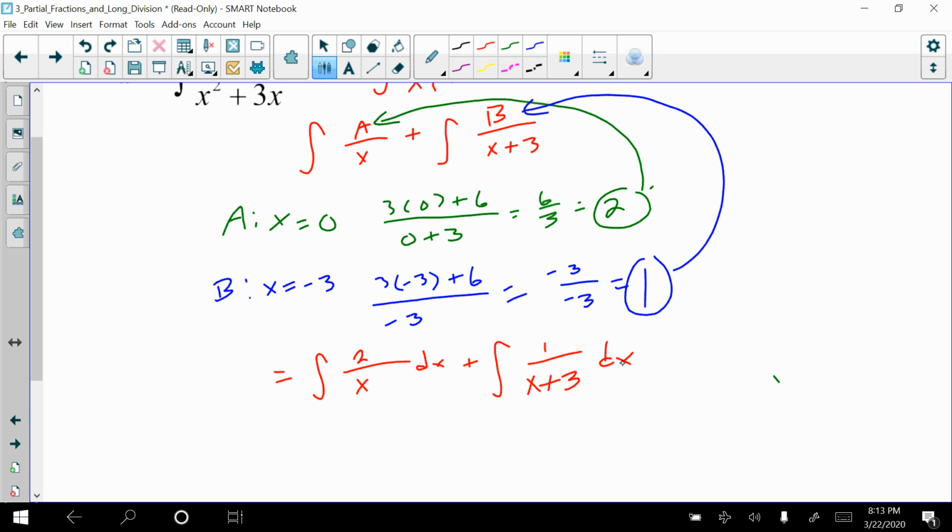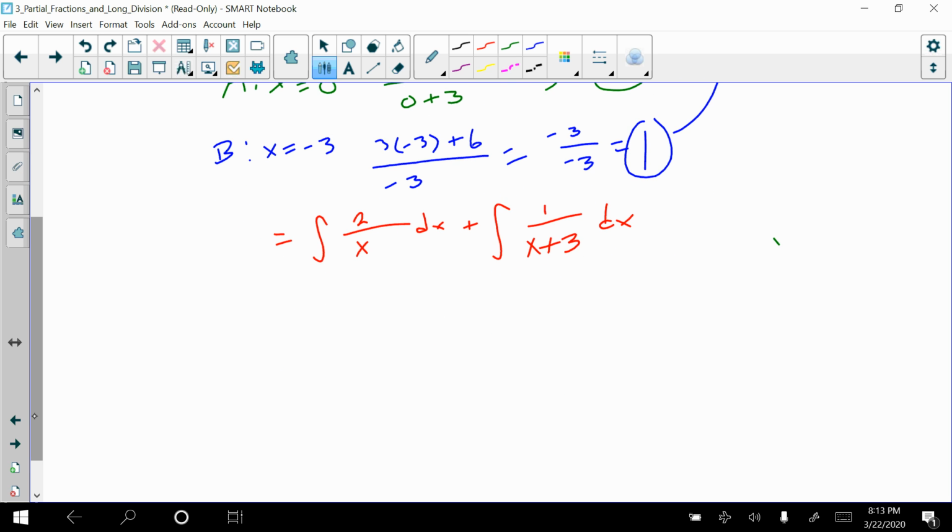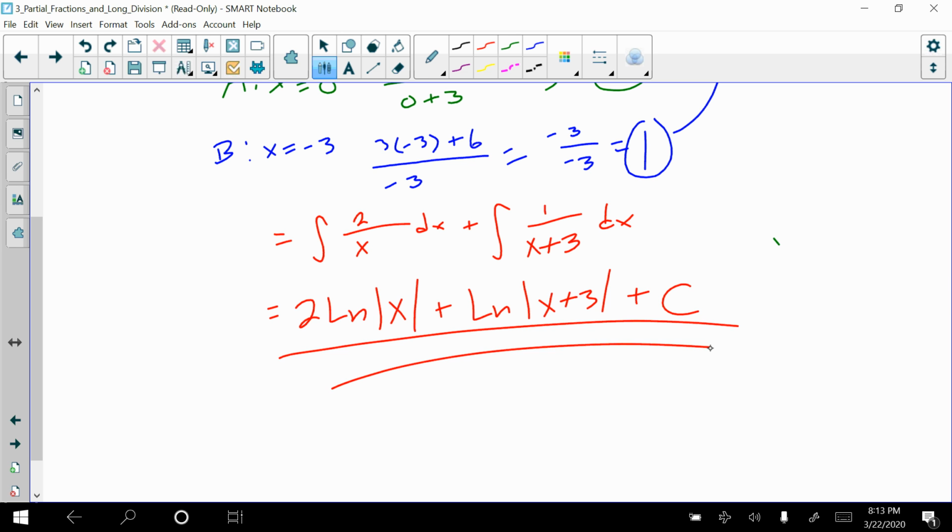So now we'll take the antiderivative of each ratio, which again is pretty straightforward at this point. Here we'll get 2 times the natural log of x plus 1 times the natural log of x plus 3, plus our constant for our indefinite integral.